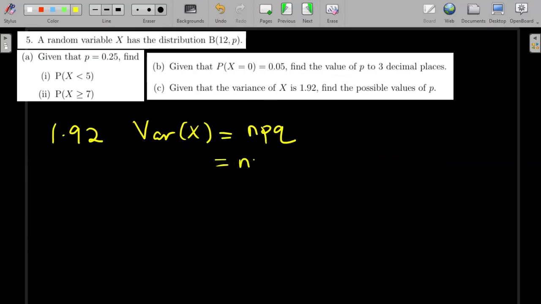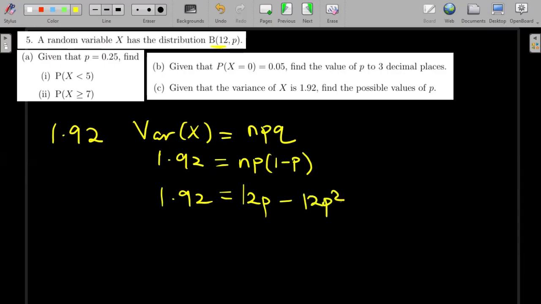So NP, and then the Q, you can write it as 1 minus P. So we're saying this variance is 1.92, and the number of trials is 12 from this one here. So the N is 12, but the P I don't know. So it will be 12P minus 12P squared.